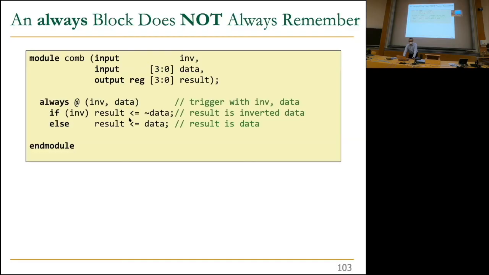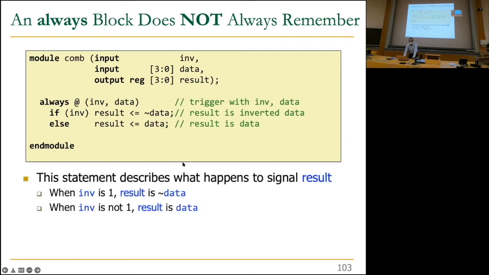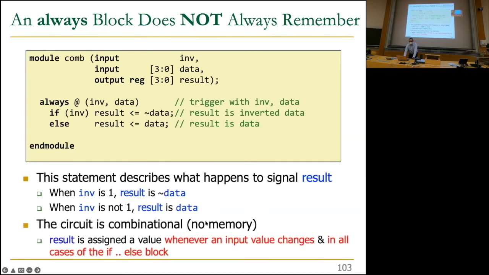If INV is true, result gets the inverted data. Otherwise, result gets data. Now, by looking at this, you can say this is combinational. Why? It has no memory because result is assigned a value whenever an input value changes, and we have two input values, INV and data, and in all cases of the if and else block, there is no condition under which result does not get assigned a value.